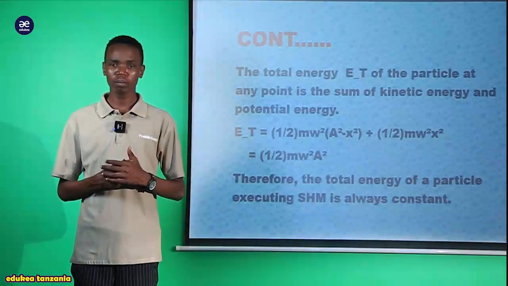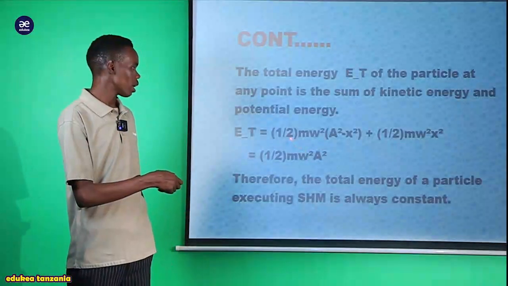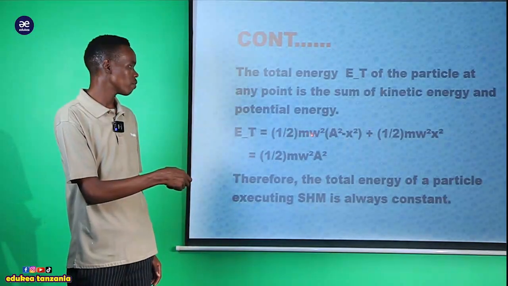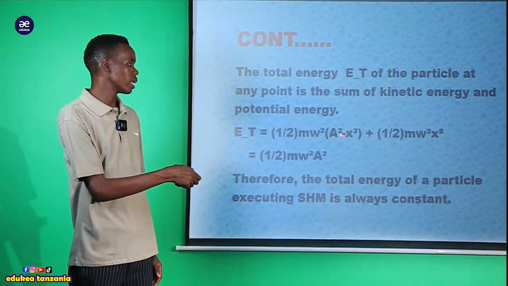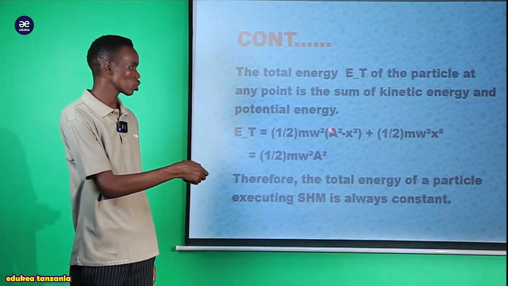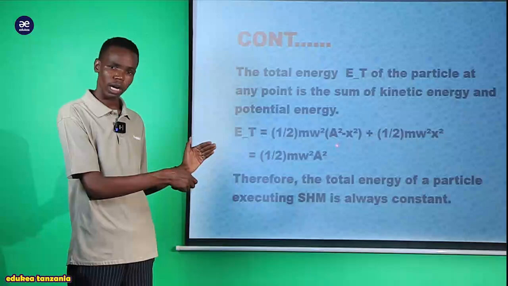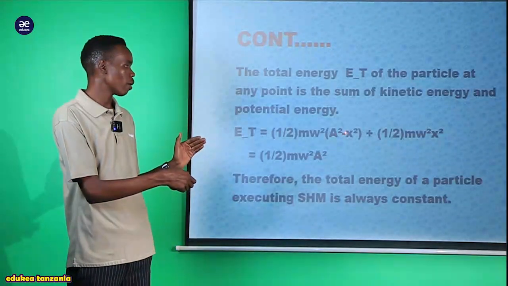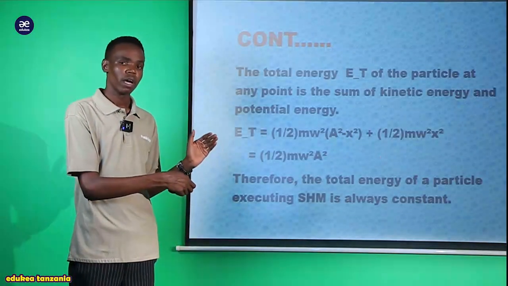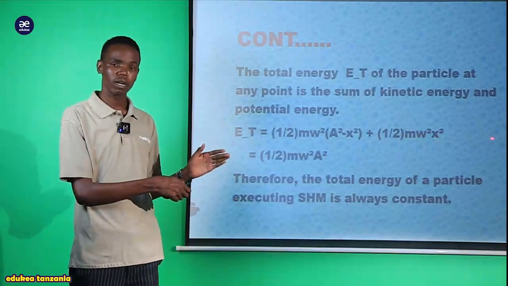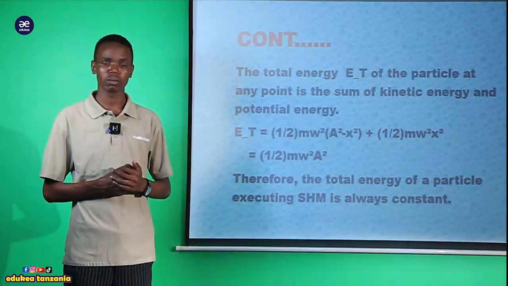We open the bracket: take half m w square and multiply inside, firstly with the amplitude square, and after that we minus half m w square times the displacement square, plus half m w square times the displacement square.